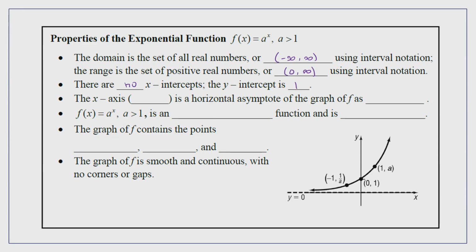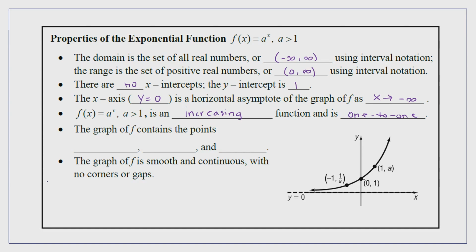The x-axis, y equals 0, is a horizontal asymptote of the graph of f as x approaches negative infinity. Our exponential function is an increasing function and is 1 to 1.